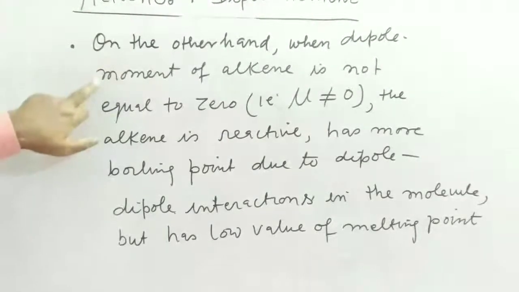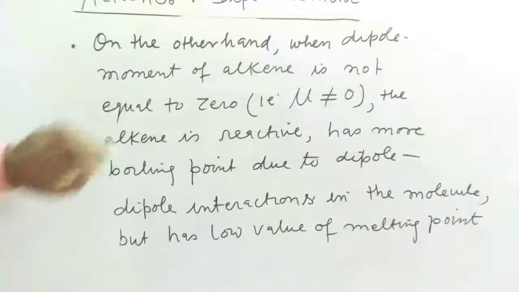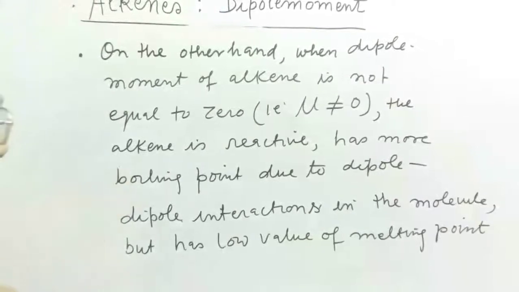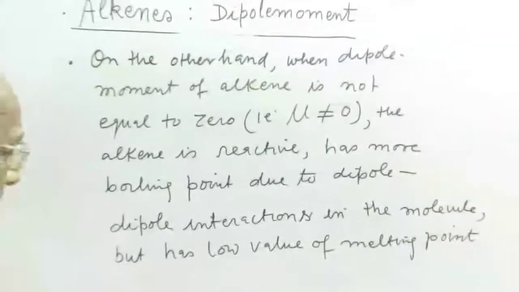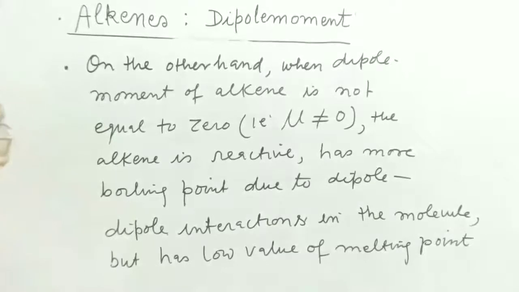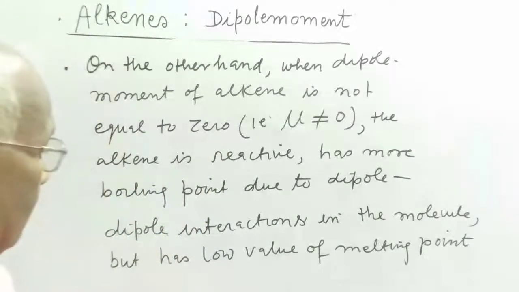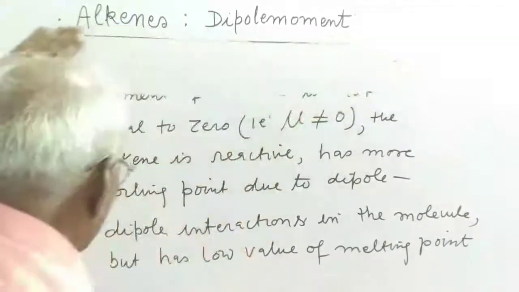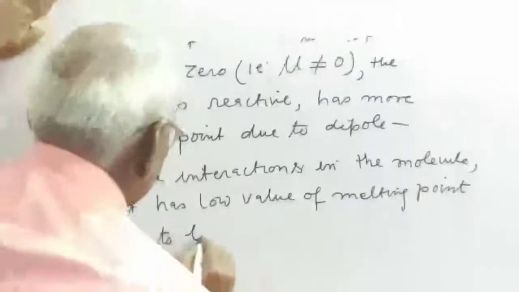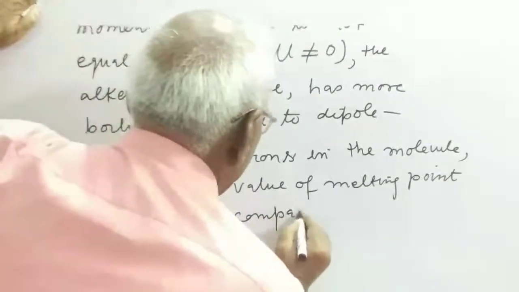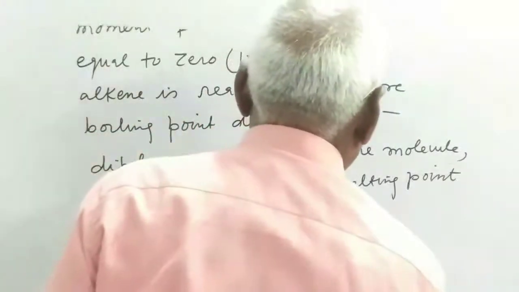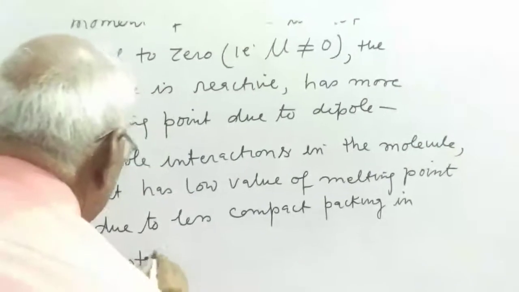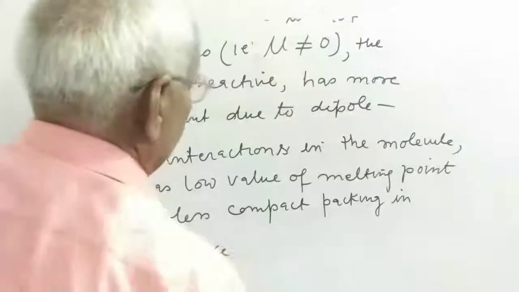When dipole moment of alkene is not equal to 0, it means it has some value of dipole moment, then the alkene is reactive, has more boiling point due to dipole-dipole interactions in the molecule, but has low value of melting point due to less compact packing in crystal lattice. This is the reason for low melting point.